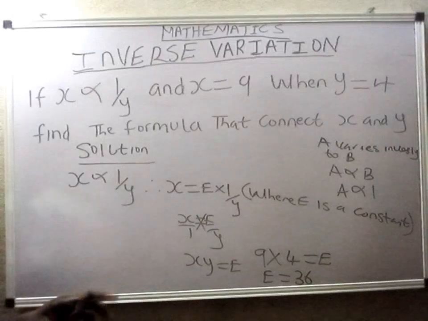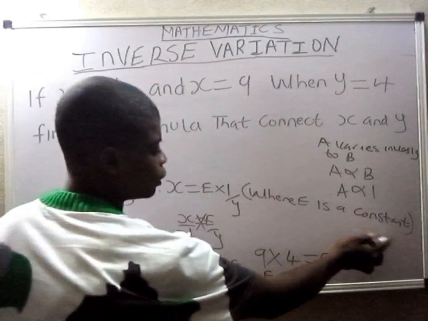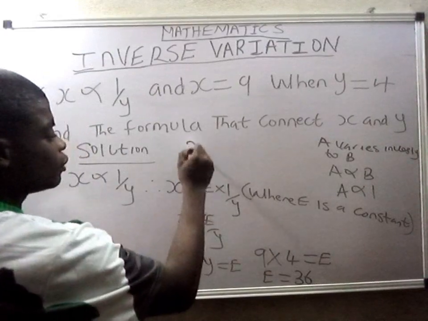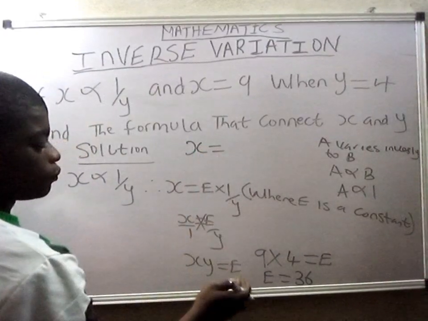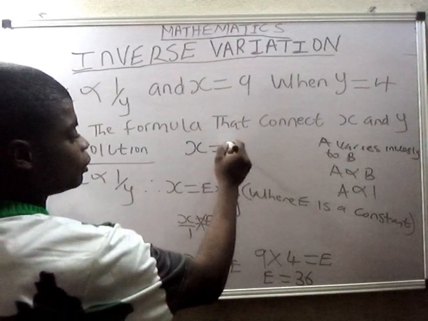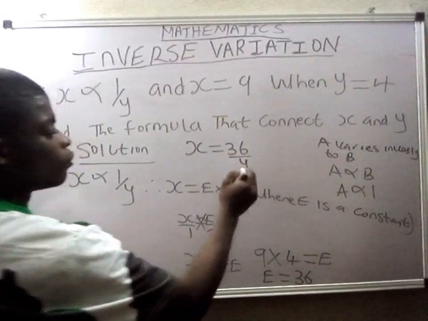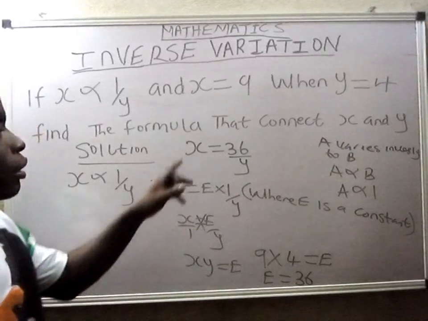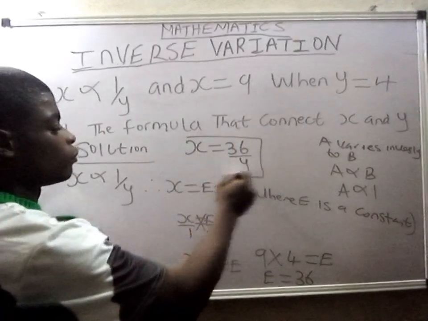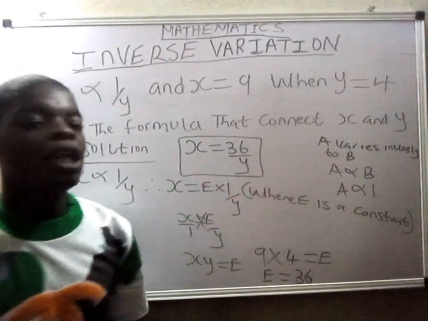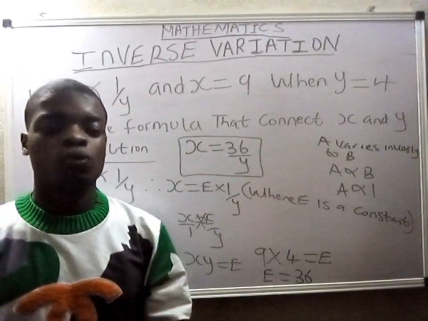So you go back and put the constant back in its place. Substitute the value for e, so that x equals 36 all over y. So this is the formula that connects x and y.